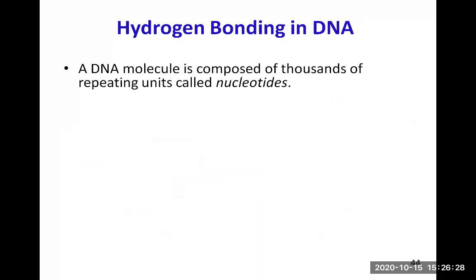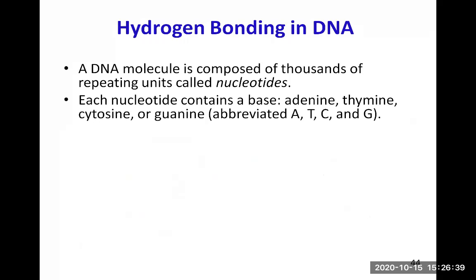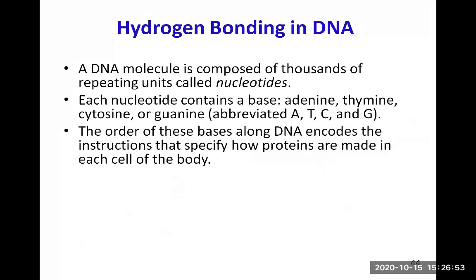And there is also hydrogen bonding in DNA. DNA is the molecule that is composed of thousands of repeating units called nucleotides. And each nucleotide contains a base, an adenine, a thymine, a cytosine, or a guanine, that are abbreviated A, T, C, and G. And so the order of these bases along the DNA encodes the instructions that specify how proteins are made in each cell of the body.